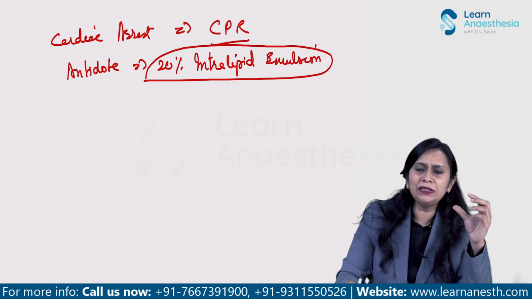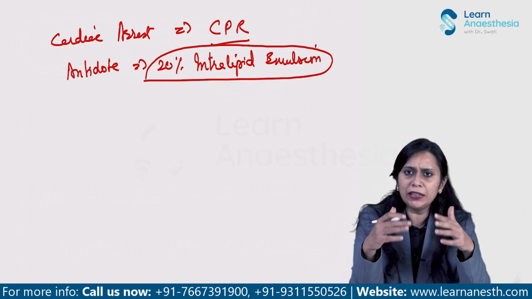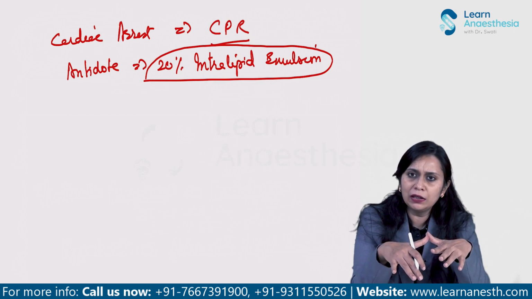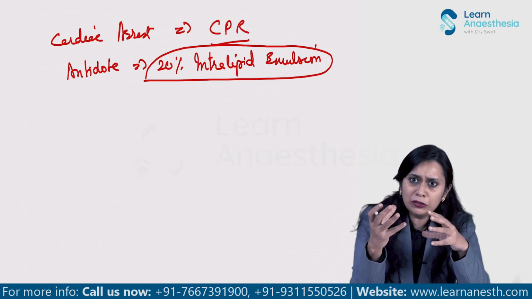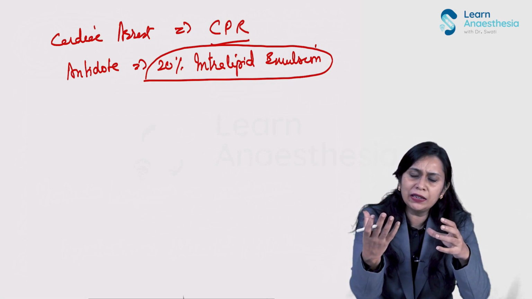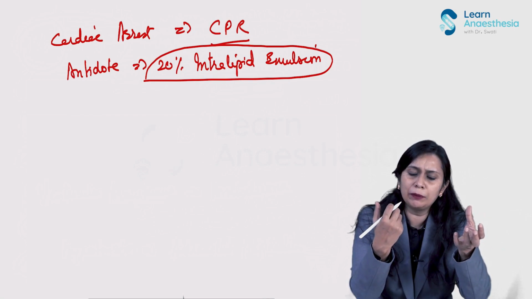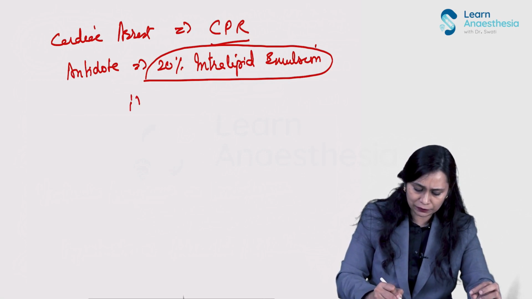Your local anesthetic undergoes a lipid escape. When we give it intravenously, it binds to any LA which is remaining in the blood, does not let it go to the CNS and CVS, and it also pulls the local anesthetic from the CNS and CVS. Lipid escape of local anesthetic happens. So, this is a very good drug, right? It does two things.